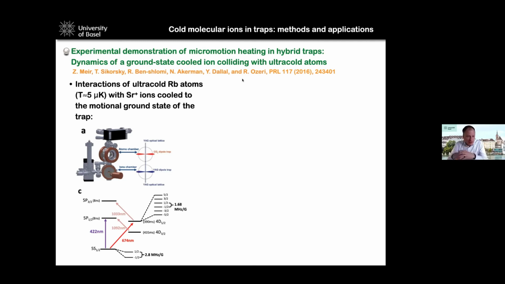In this experiment, they had strontium ions paired with ultracold rubidium atoms, and they were cooling the strontium ions to the ground state of the trap, and then looked at collisions of these ground state cooled ions with the rubidium atoms in the trap. And they were then exploring the energetics of these collisions and the ion energy distributions.